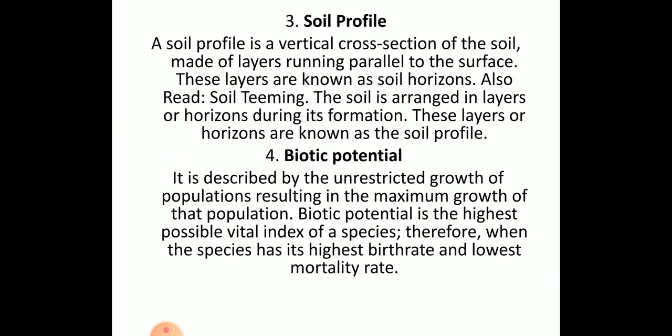Next, the soil profile. Very important question which may be asked for 5 marks and 7 marks also. It is a vertical cross section of the soil which is made of layers.